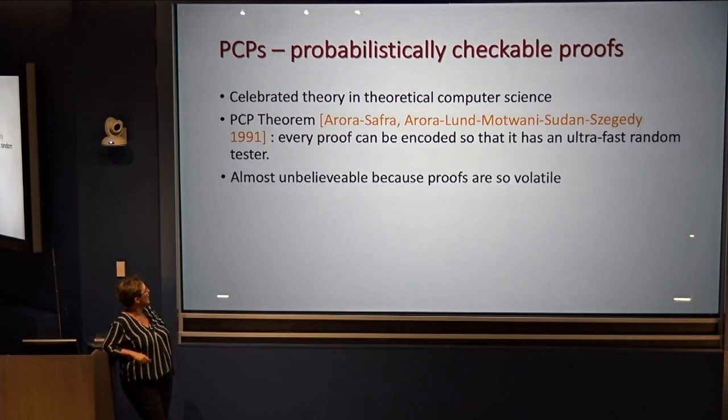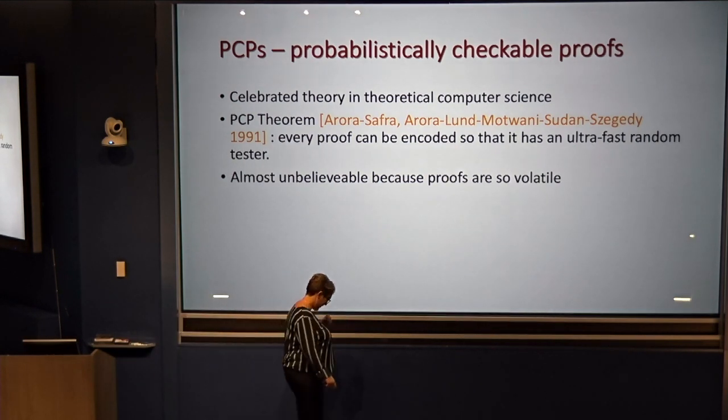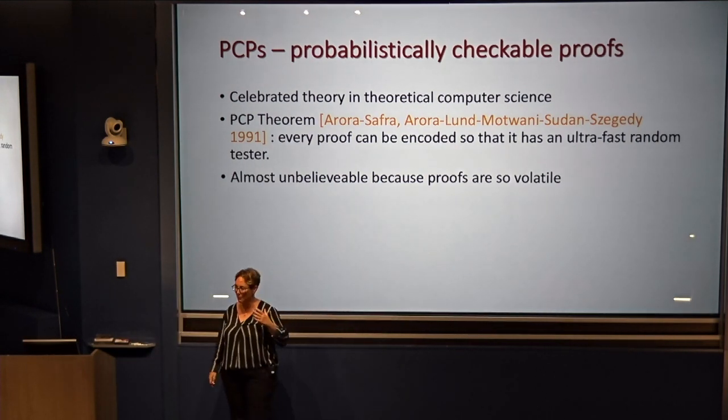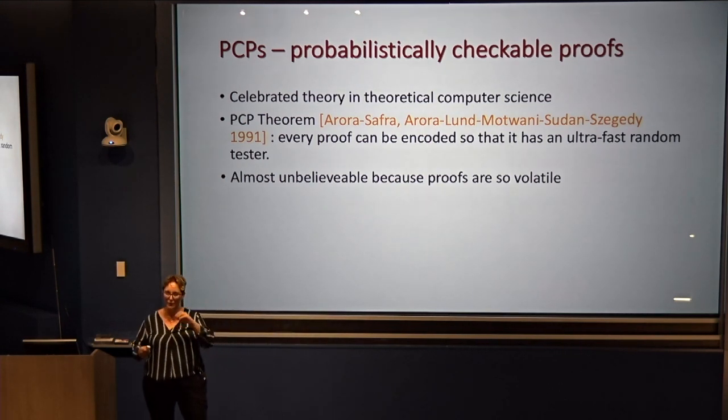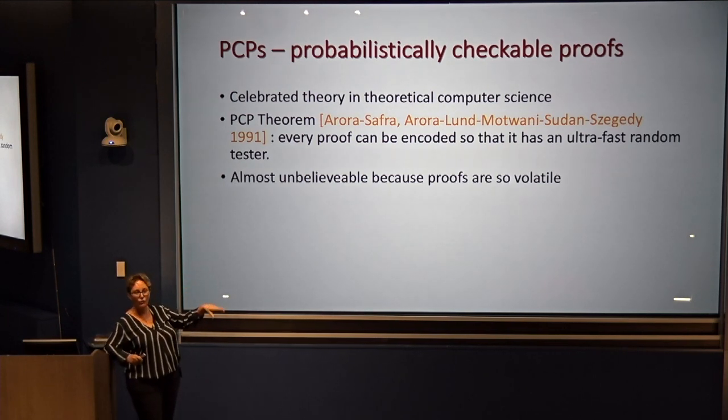And when you understand it correctly, you really think it's almost impossible. How can you encode something so fragile that one bug can break it into a proof that can be checked by just reading a few random bits? It doesn't seem possible, and yet it is possible.